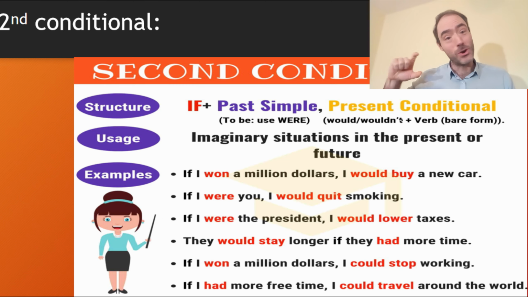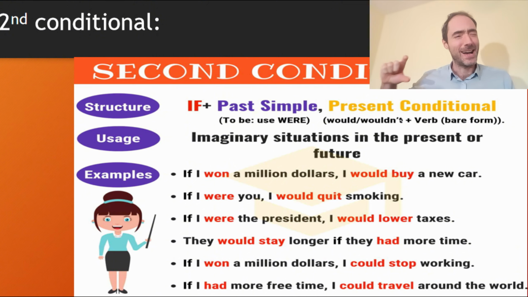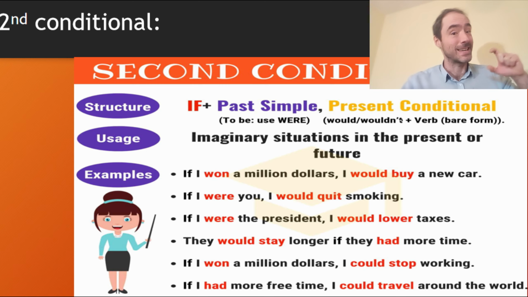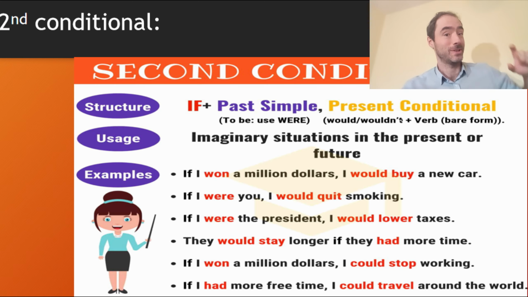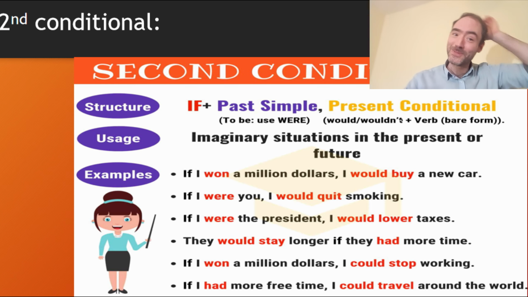And if I were a woman, I would wear dresses. And if I were a Russian person, I think I would speak Russian. And if I were younger, I would have more hair.